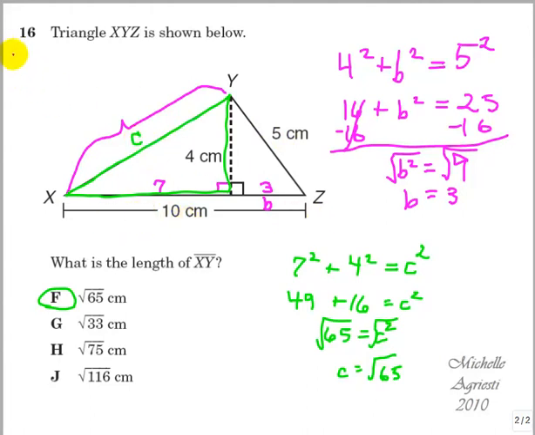And I'll just do it right up here. 5 squared plus C squared equals, hypotenuse would be 10, 10 squared. 5 squared is 25, C squared, and 100. Subtract 25 from both sides. I get 75, and take the square root of both sides.